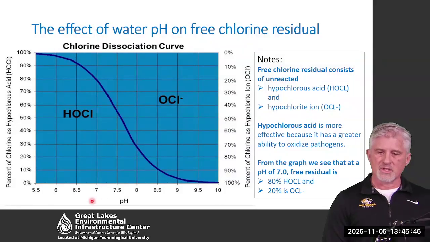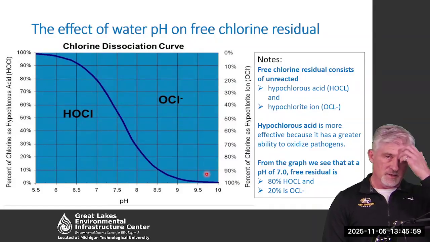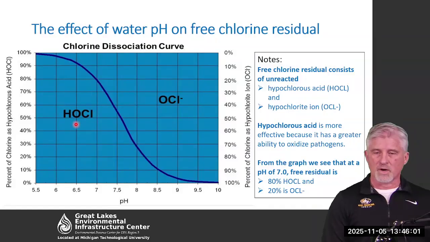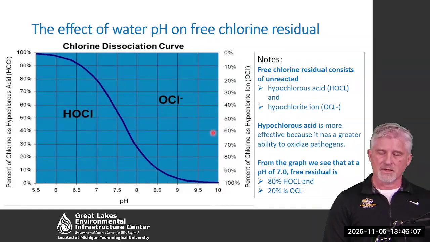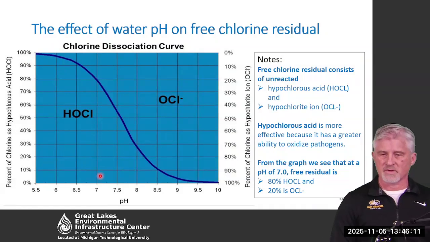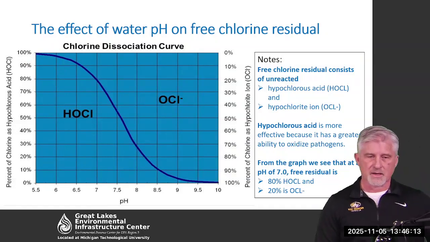If we look at a pH of 7, which is neutral, at that point we're getting about 80% hypochlorous acid and about 20% hypochlorite ion. So at that point we're getting a good amount of what we want. As the pH increases, we end up with more hypochlorite, so it becomes less effective. It's more effective at lower pHs than at higher pHs.